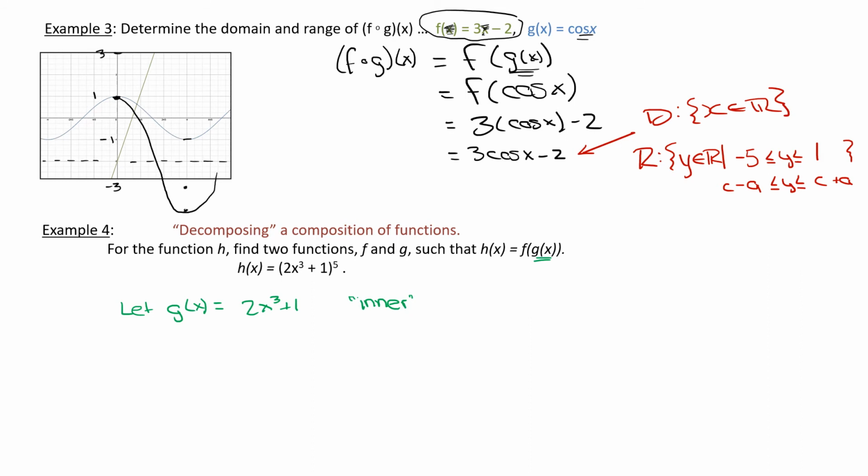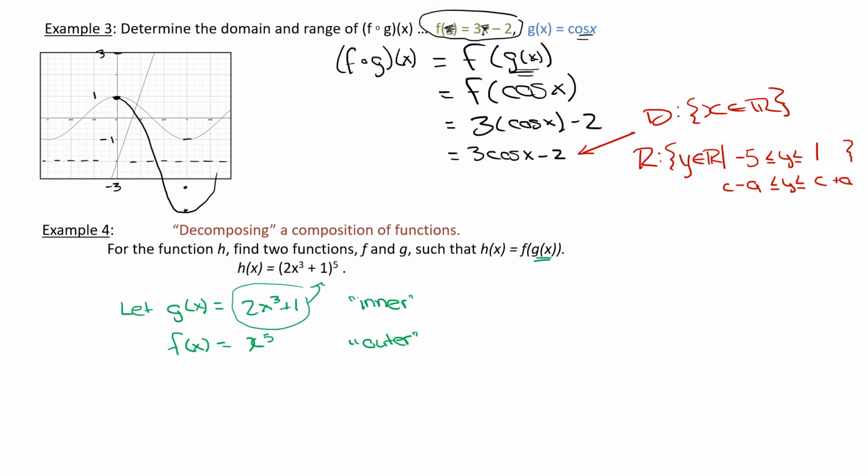So then what would the outer part be? What would I be doing to that function so that I can end up with that? Well, that one's pretty straightforward. I just need to put it all to the power of 5. So in that case, my equation would be f at x is equal to x to the power of 5.